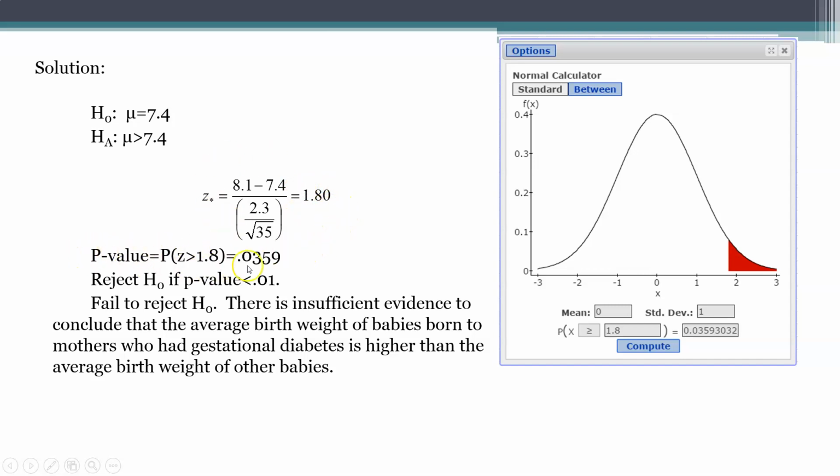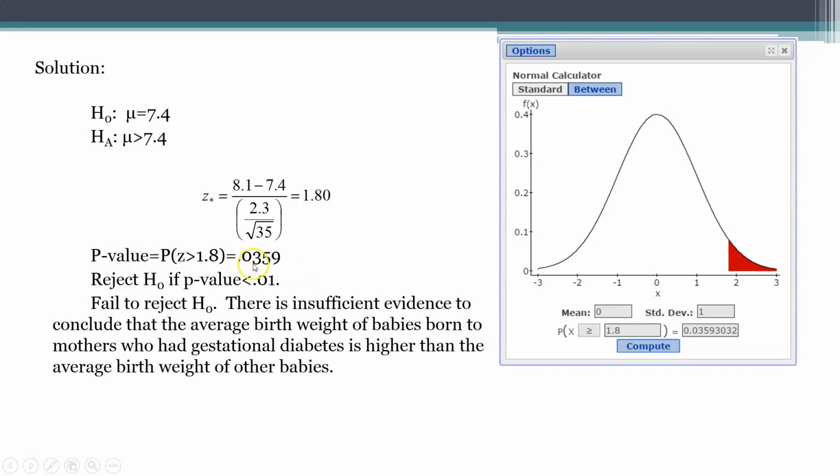Now to get our p-value, because this is greater than, we're going to do greater than 1.8, because that's our test statistic. And when we do that in StatCrunch, greater than 1.8, we get our p-value of 0.0359.